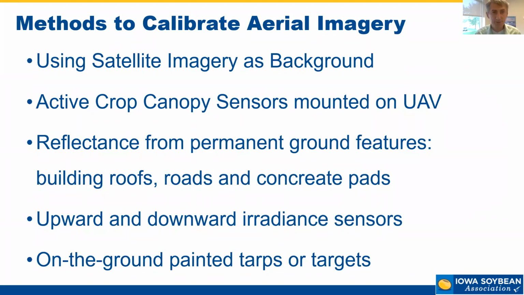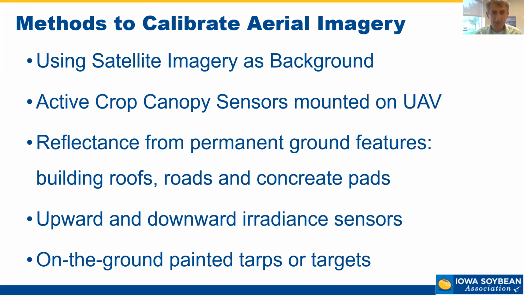Some people try to use an active crop canopy sensor mounted on drones. There is a project in a company in Nebraska which is developing this technology. We can also use reflectance from different permanent ground features like buildings, roofs, roads, concrete pads, and other stuff like that. Also, it requires a little bit of manual work.